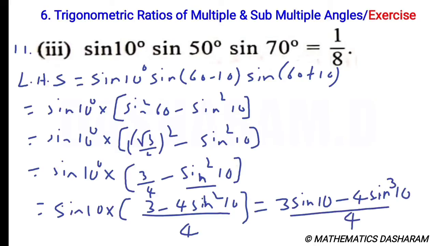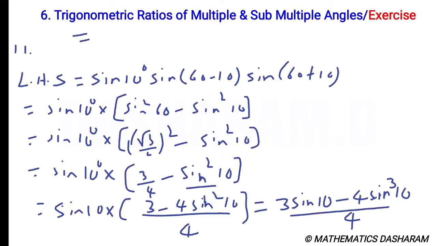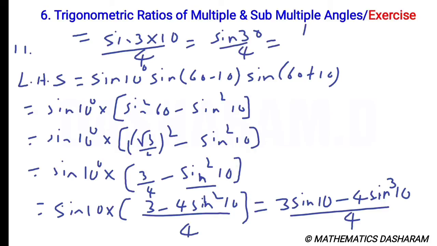So it is equal to sin 3 theta. So sin 3 into theta value 10, divided by 4. So sin 30 by 4. So sin 30 is 1 by 2, by 4. So it is equal to 1 by 8.